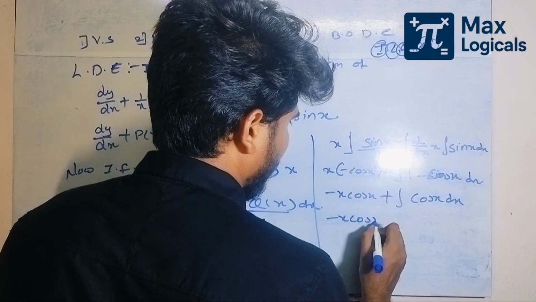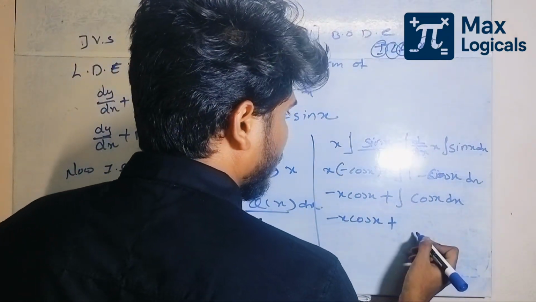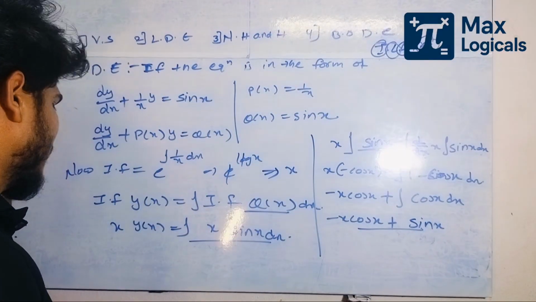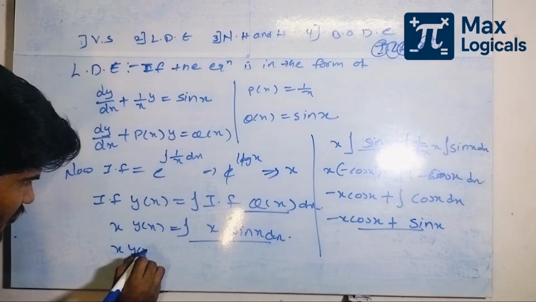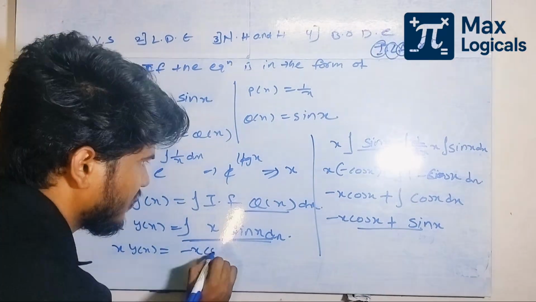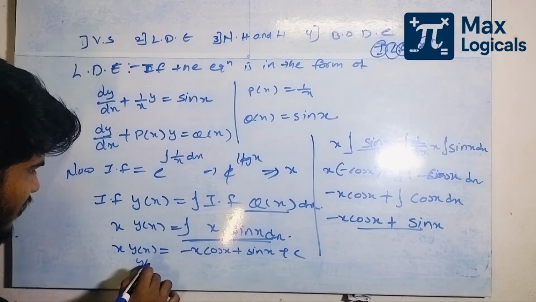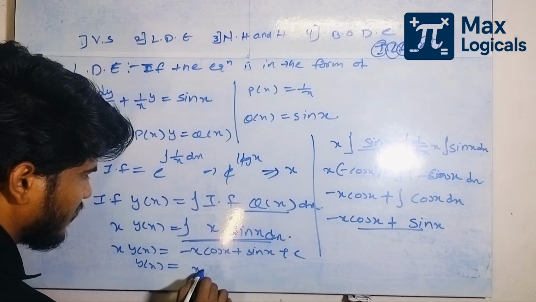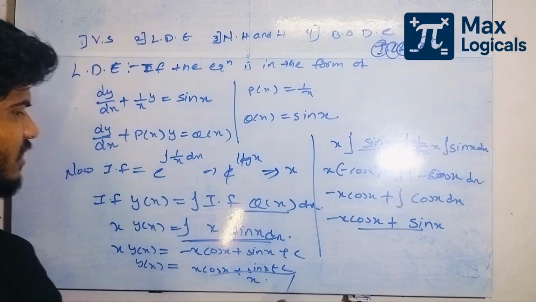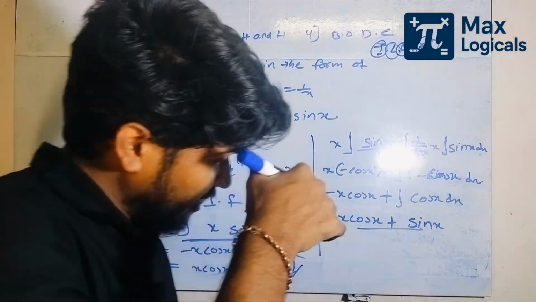Minus x cos x plus the integration of cos x, that is sin x. This is the integration of x sin x. Now x y equal to minus x cos x plus sin x plus c. Here y equal to minus x cos x plus sin x plus c, all divided by x. This is the final solution of the given differential equation.